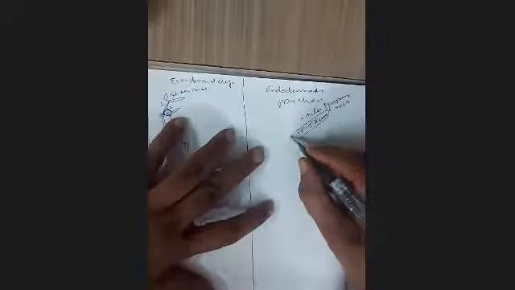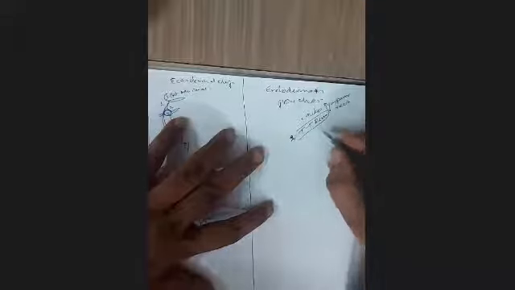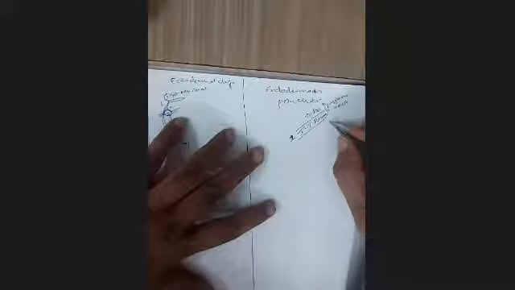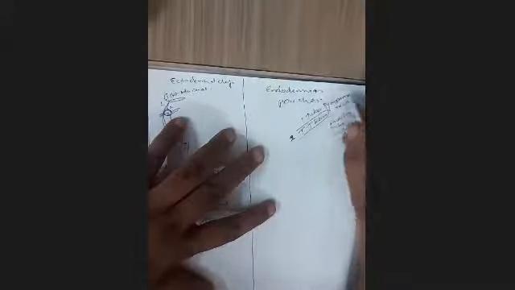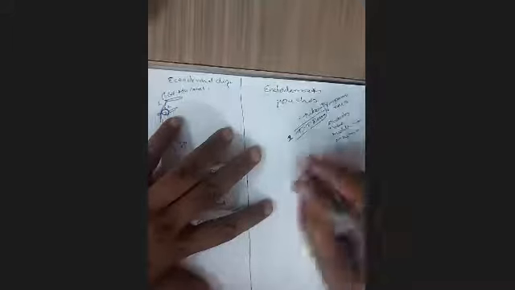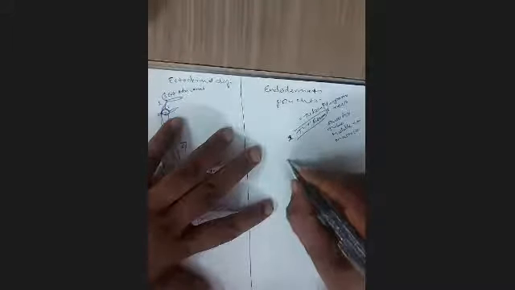This tubotympanic recess from the first pouch is going to form the auditory tube. It is going to form the middle ear cavity. It is going to form the mastoid sinus. All these are developed from TT recess, tubotympanic recess. What happens to the second pouch?